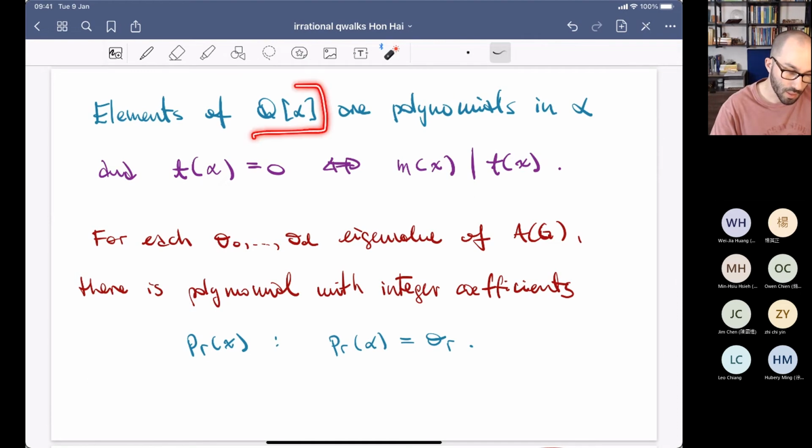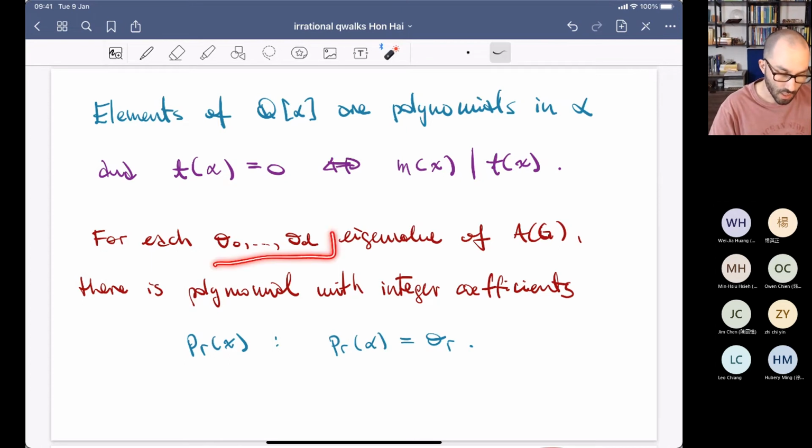Now, the elements of this extension field are polynomials in alpha. And it's true that whenever you have a polynomial in alpha equal to 0, it means that the minimal polynomial of alpha actually divides that thing. This is all standard algebraic number theory.